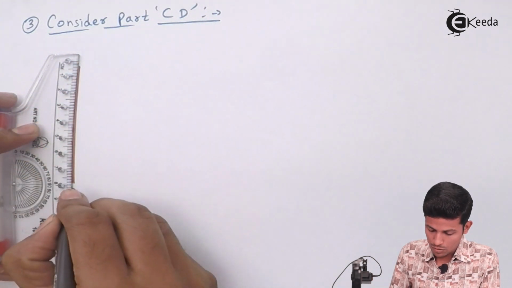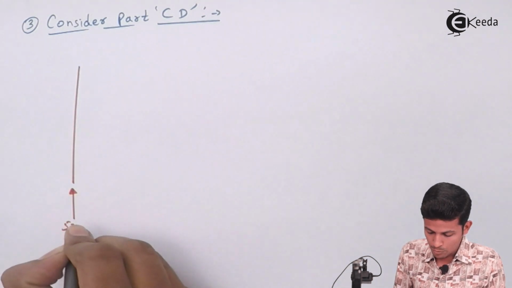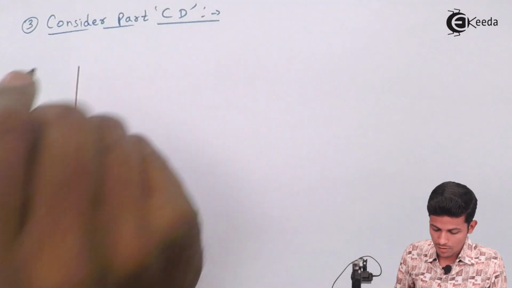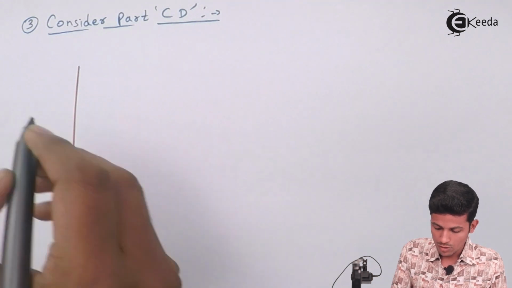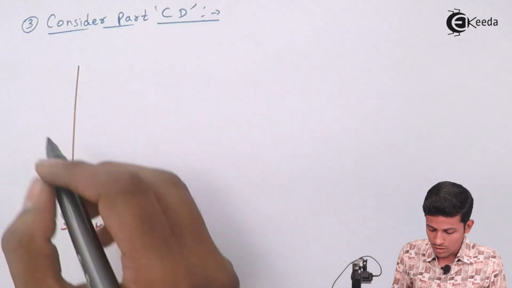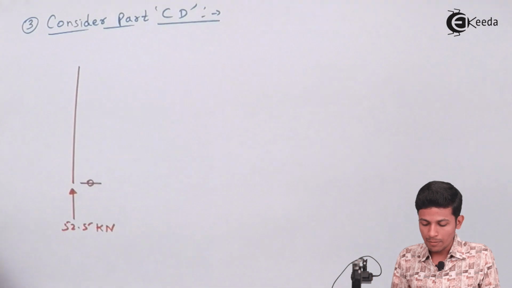We know that this value will be 52.5 kilonewton. See, this is also no load, this is also 0. Here also it comes 0. Now just extend the part first.